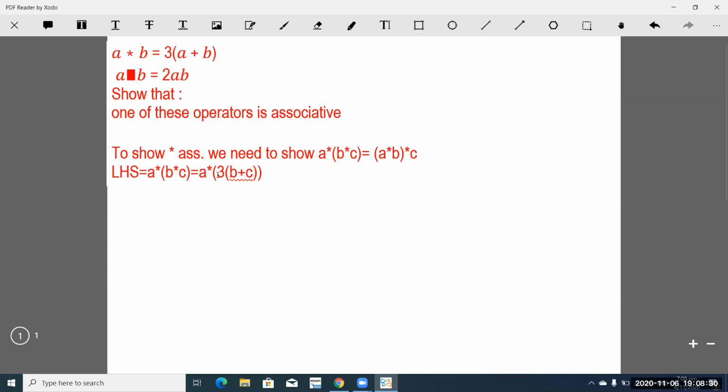So the law is A star, bracket B star C, and since you're working out the bracket first, you'd have to replace B star C with its result. So let's say they give you actual numbers. A star B is 3 times A plus B. What if I ask you what is 5 star 2?